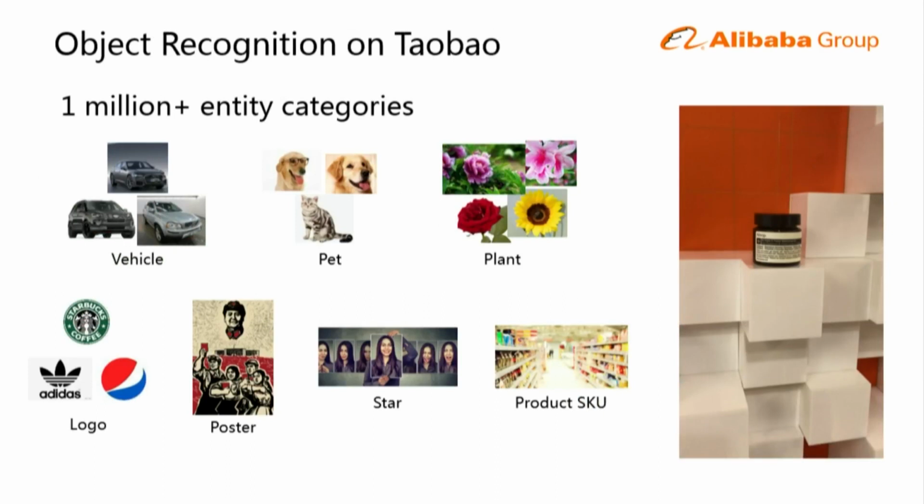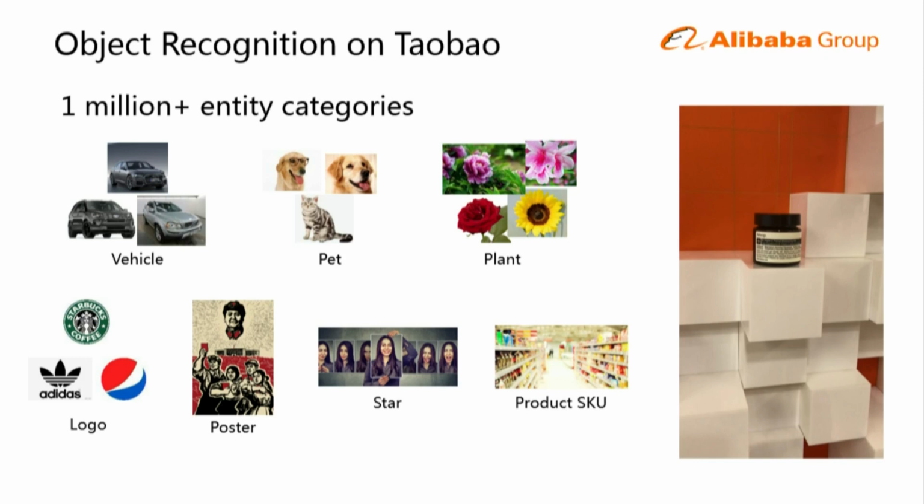We have also extended our object recognition capabilities of over 1 million entities to the application on mobile Taobao. So far, we can not only do image search, but also image recognition of the following categories.